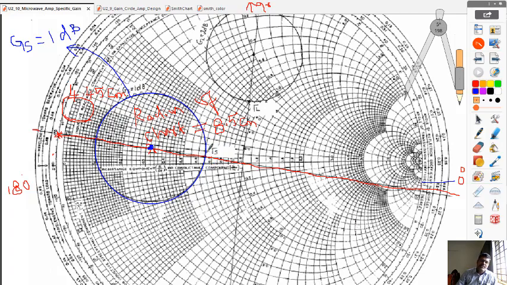Therefore, we can choose any point, remember, but it is a best practice to choose the gamma S which is very close to the middle of the Smith chart, and middle of the Smith chart is here. Therefore, the point on the circle nearest to the middle of the Smith chart is this one, and you mark this one as gamma S. So this one is the gamma S.